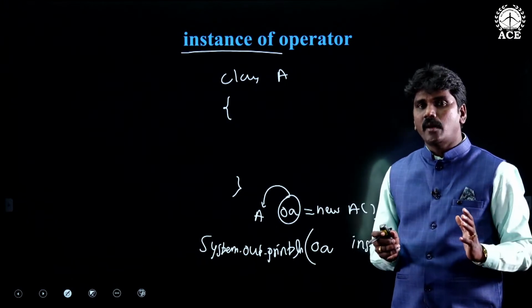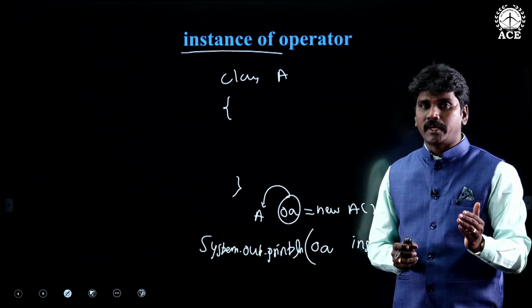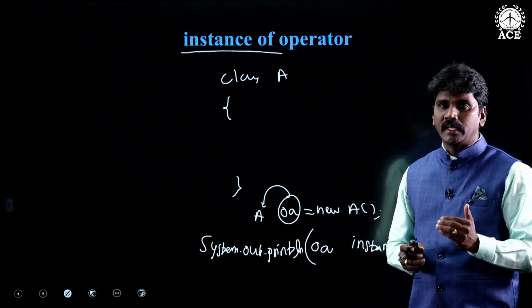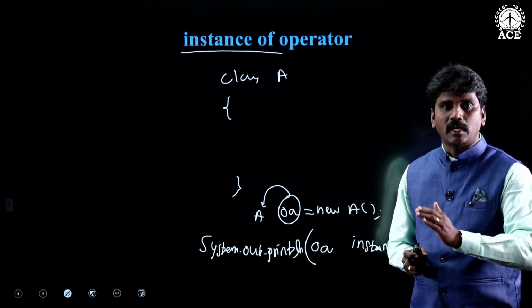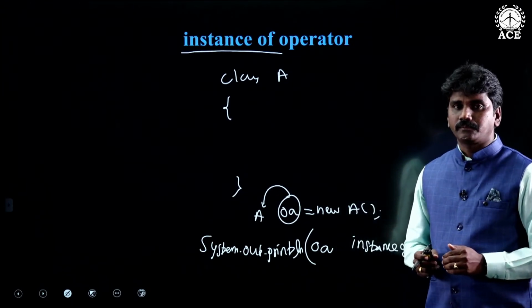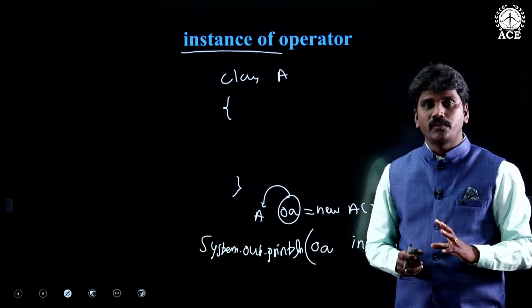And then we have seen the second operators, relational operators. How many relational operators do we have in Java? 6. What are the 6 relational operators? Less than, greater than, less than or equal to, greater than or equal to, equal to, not equal to. And then we have seen the third kind, the logical operators. What are the logical operators we have seen?